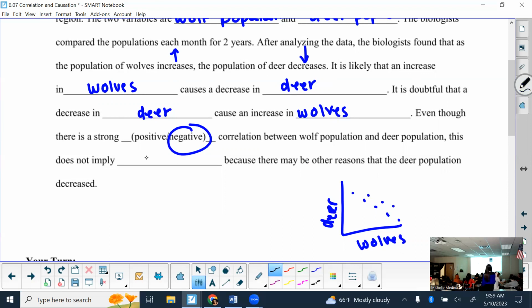Other predators, extinction, what else? Loss of food, yes, hunting. So it's not just the wolves that could have contributed to that. So in that case, this does not imply causation. Causation is very hard to prove.